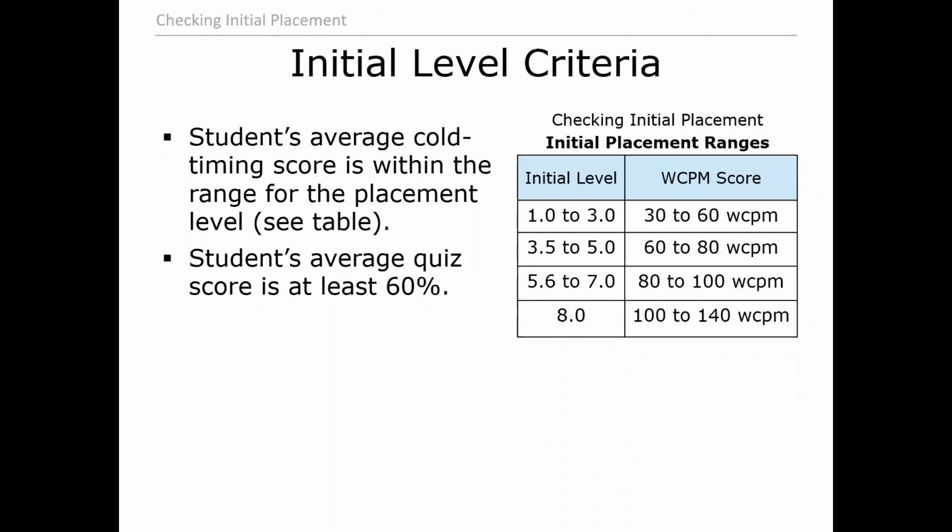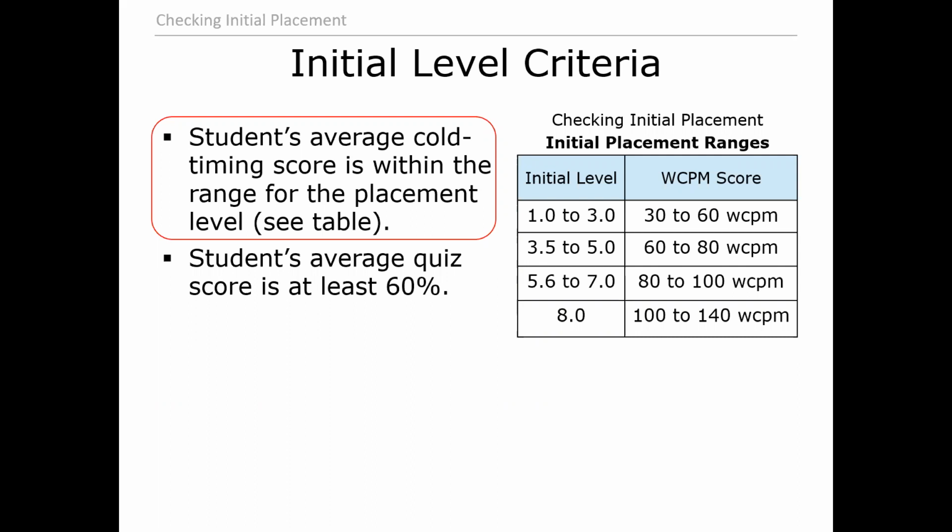what we're looking at from that data report and how we're comparing it to the initial placement table. So you're going to take the student's average cold timing score from your Students at a Glance report, and you're going to see if that words correct per minute cold timing score fits in the range for the placement, the level that they're working in.